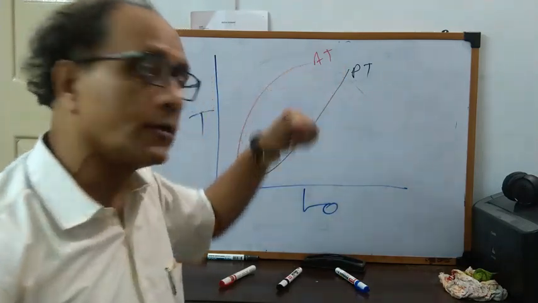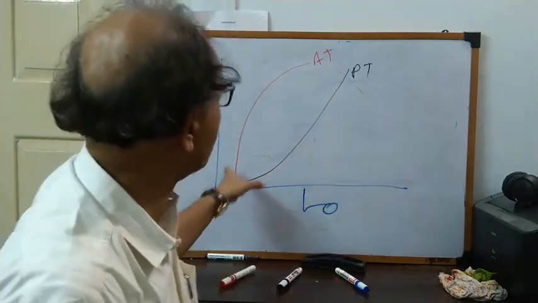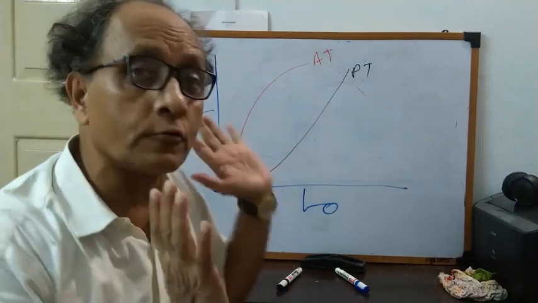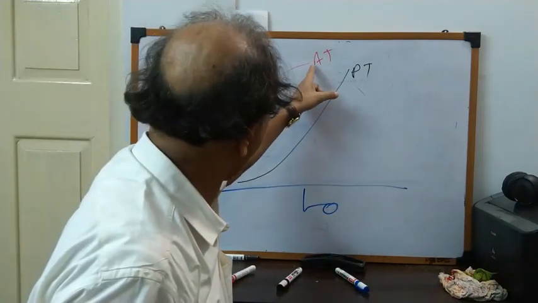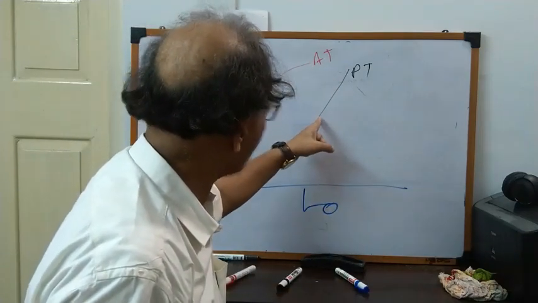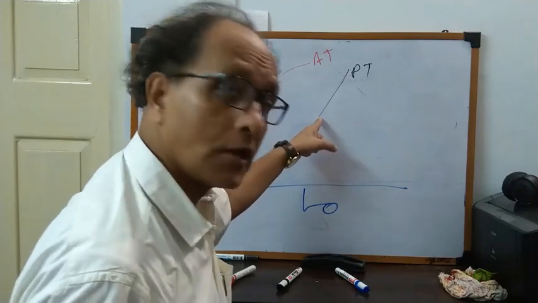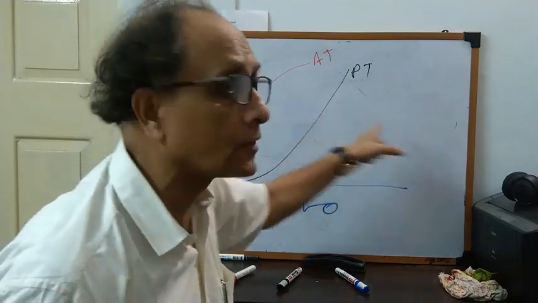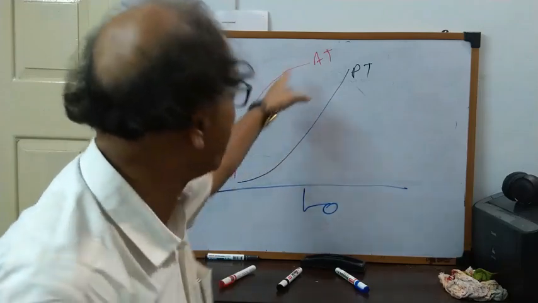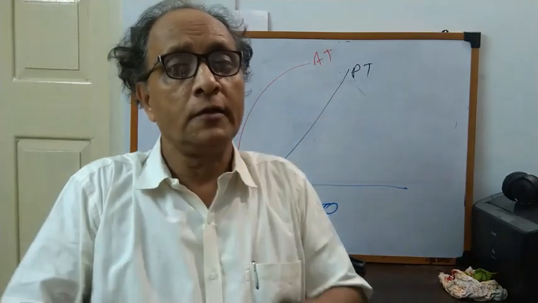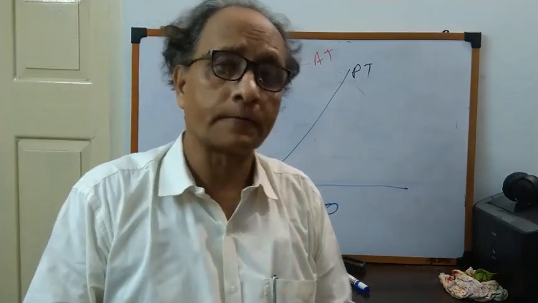I have intentionally drawn only the ascending limb of the active tension curve, because it is operating up to the ascending limb. Up to here the passive tension is substantially high, enough to prevent further stretching. So it is ordinarily operating within the ascending limb of the active tension curve.